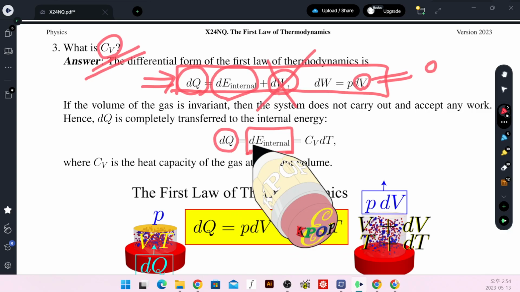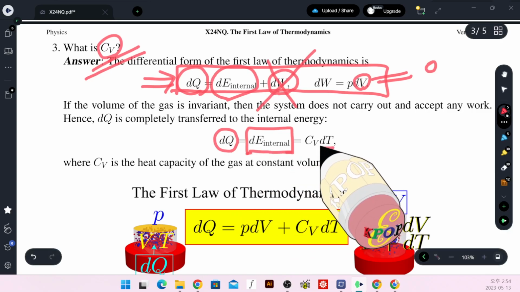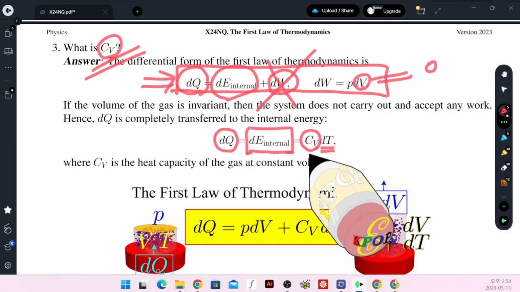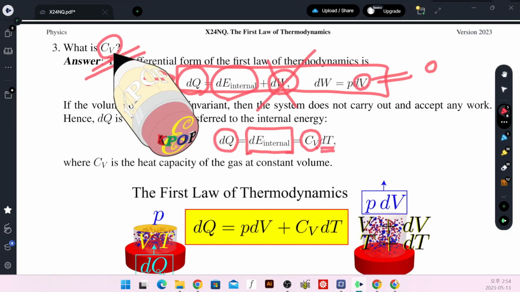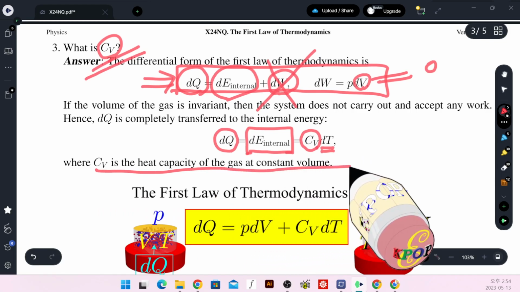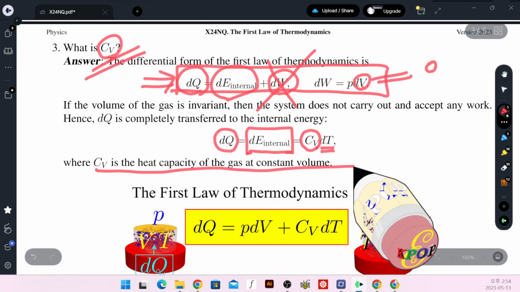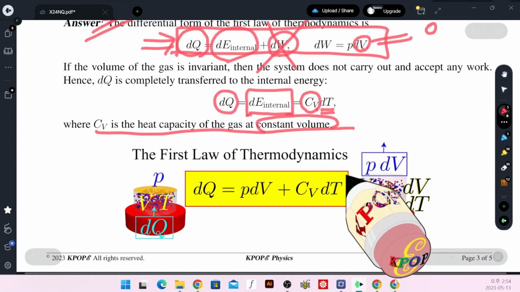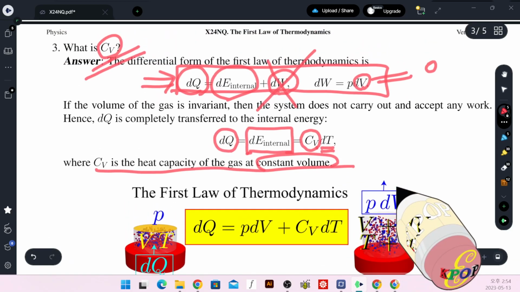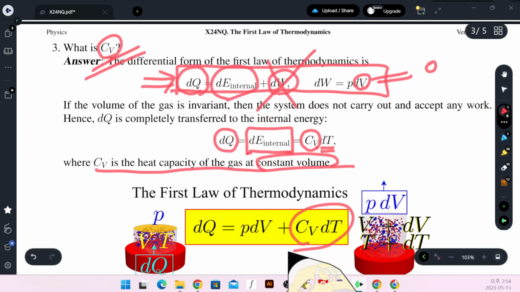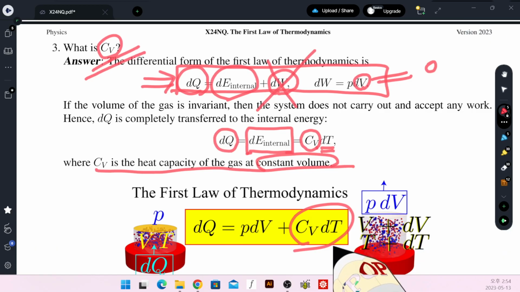Therefore, it is proportional to the change in temperature, and the overall coefficient is defined by the heat capacity of the gas at constant volume, not constant temperature, constant volume. In general, this can be expressed in terms of CV dT.